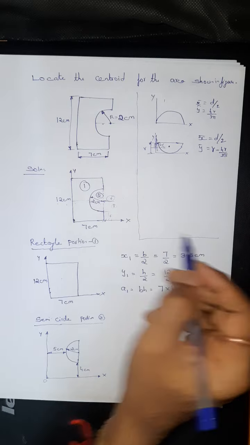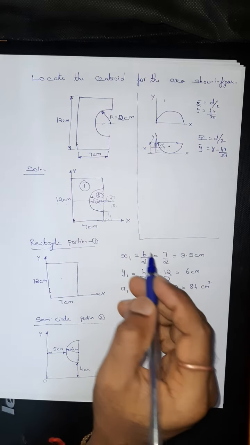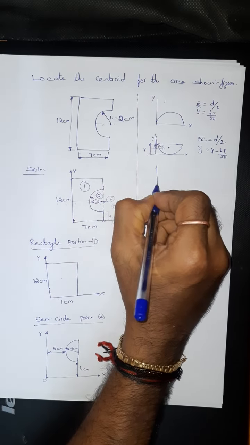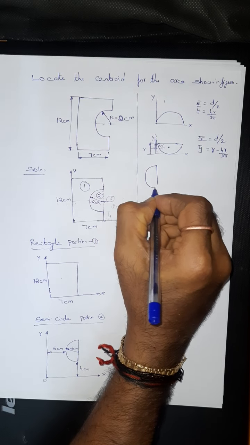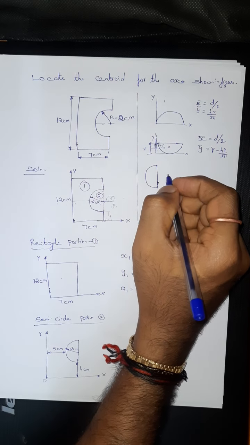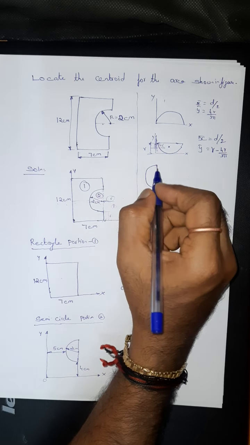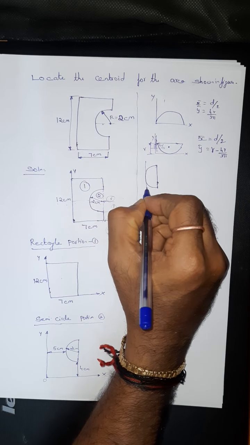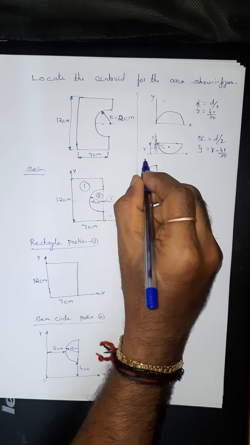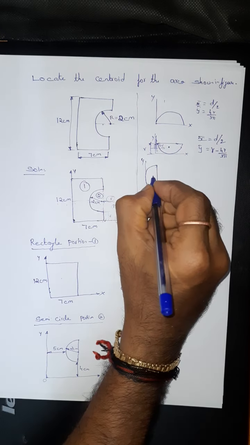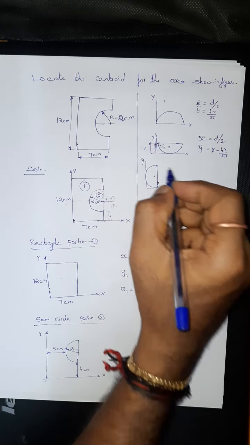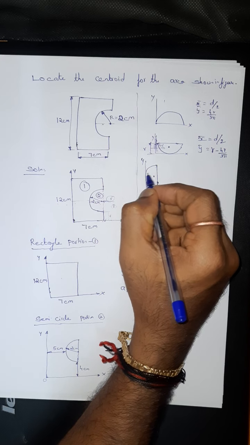Right. Suppose the portion is in a different position, in this position. Now the reference axis can be drawn in this way, x, and this is y. This is where the center is. See, this is in the second quadrant.